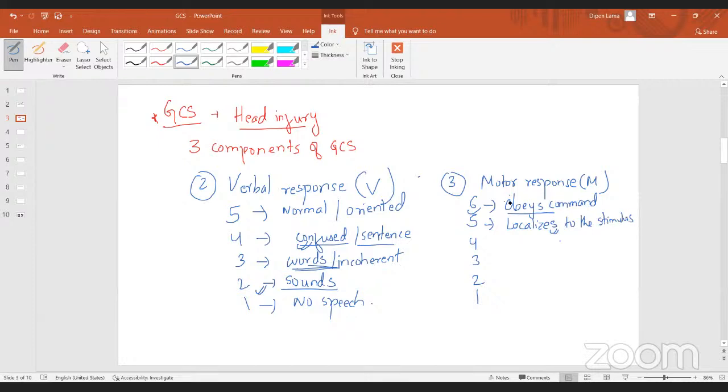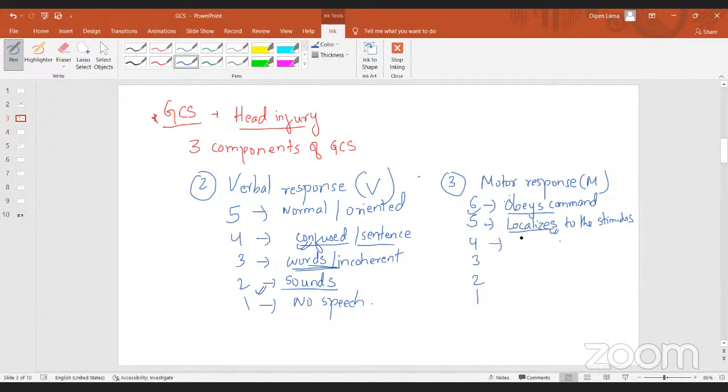Suppose we press certain parts, we give pain to certain parts, and if he or she tries to remove that pain, if he or she tries to remove our hand from the exact place where we are giving the stimulus, then we give the score 5. So localizes the pain, that is 5.